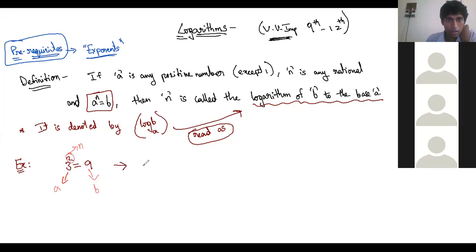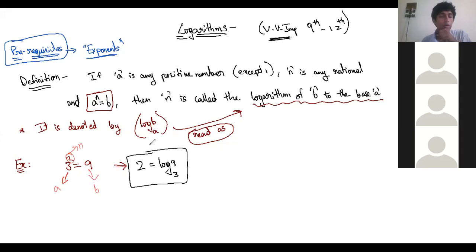So from here we can say that n is equal to log 9 to the base 3. Instead of n you can directly write 2. So 2 is equal to log 9 base 3.